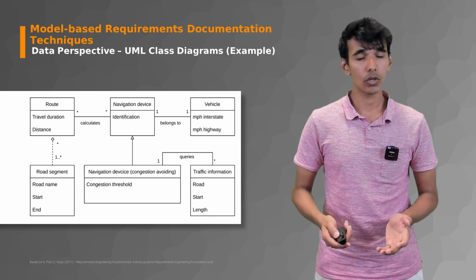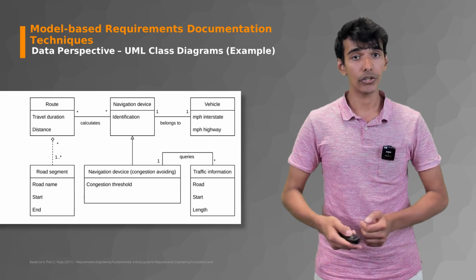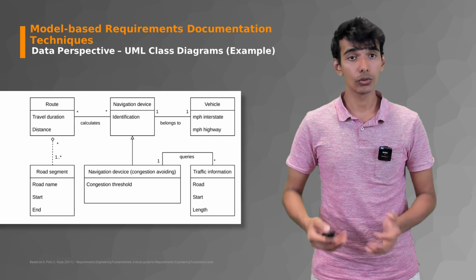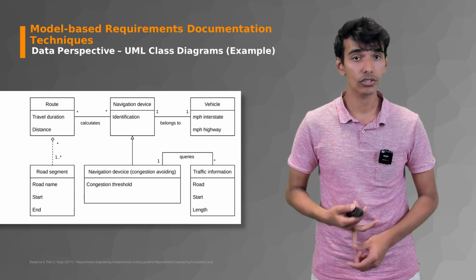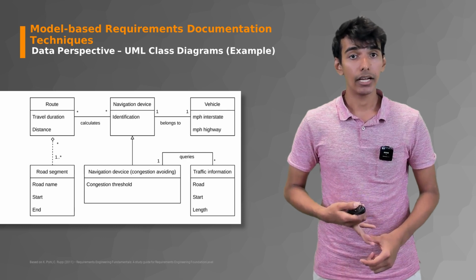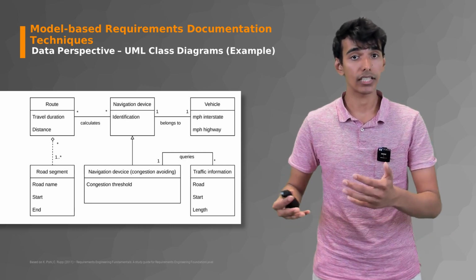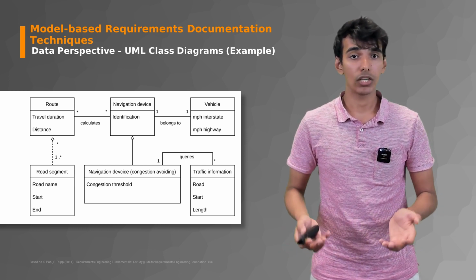An example of UML class diagrams. So within the same scenario of having navigation, on the top left, you have the route. As before in the ER diagram, you have the travel duration and the distance. And the navigation device calculates this route, and it also has identification inside of it. And you can have the same relationship from before.